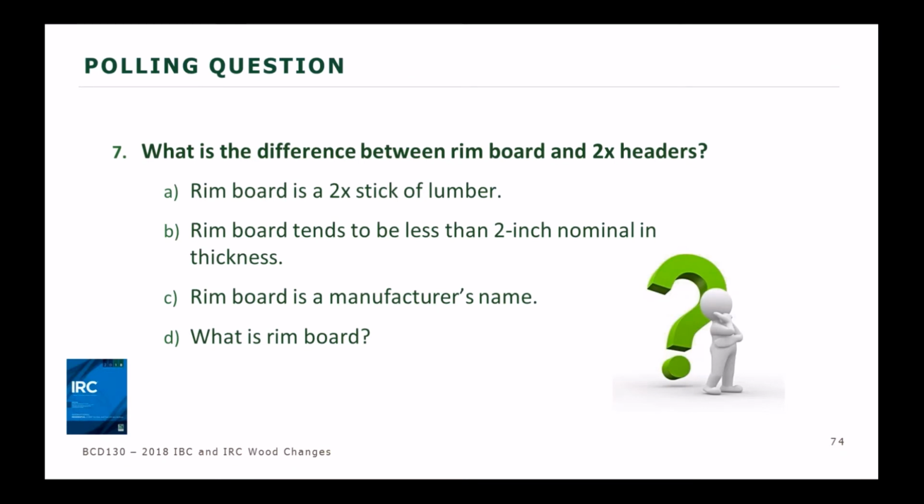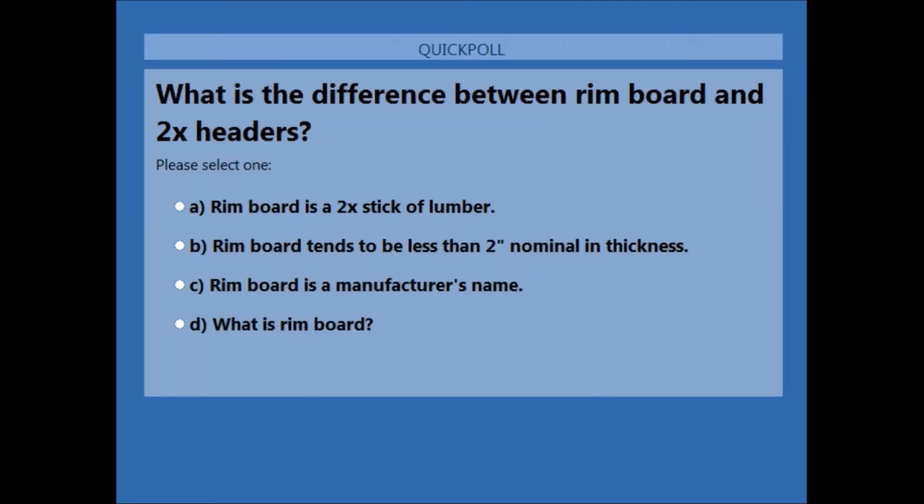Okay, so we're back to the next polling question, and Marcy. Absolutely. So what is the difference between rim board and 2x headers? So rim board is a 2x stick of lumber. Rim board tends to be 2-inch nominal in thickness. Rim board is a manufacturer's name. And what is rim board?